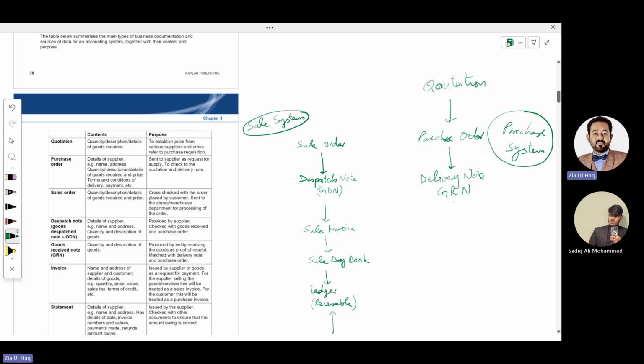Then the company will receive an invoice from the supplier. For the supplier, that invoice is a sale invoice, and for us, that invoice will be called a purchase invoice. Against the purchase invoice, the company records the purchases in the purchase day book. These purchases are credit purchases, so the company updates the ledger. Which ledger? Payable ledger.